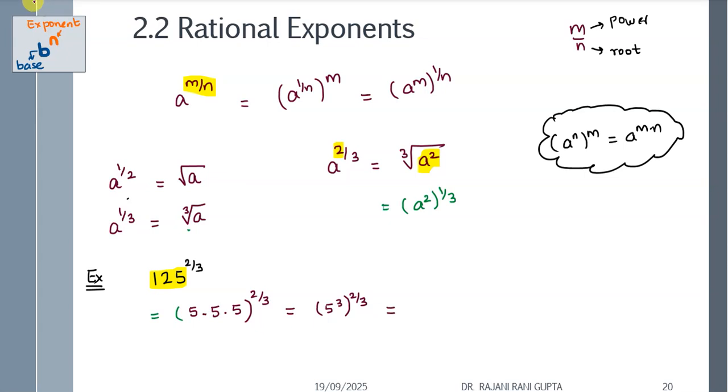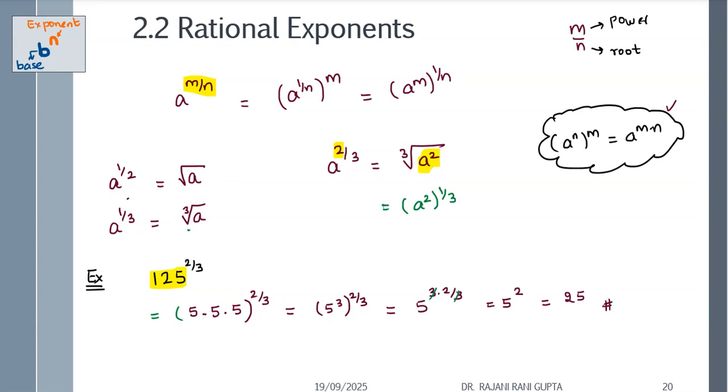Now using the rule of exponents that we use for integer exponents, 3 times 2 by 3, we can cancel this 3 with 3. So we are left with 5 power 2, which is nothing but 25. Okay, so in this way you can solve this. This is how you have to simplify.